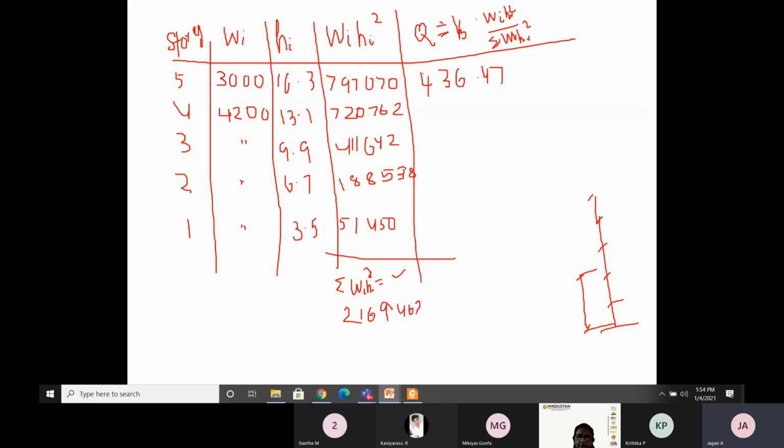Is there any other answer? You can tell me. This is a summation of these five values. Is it correct?